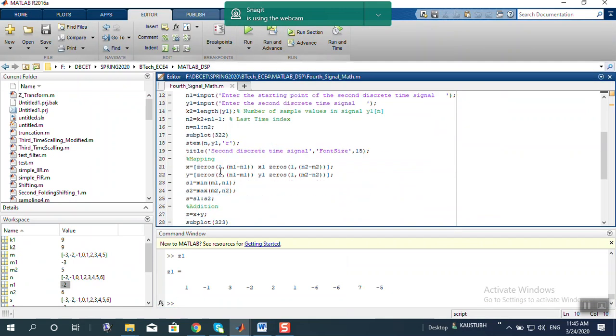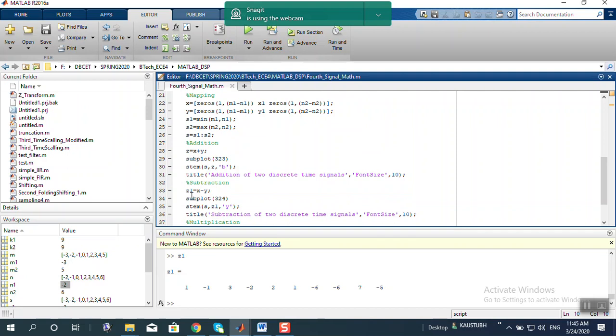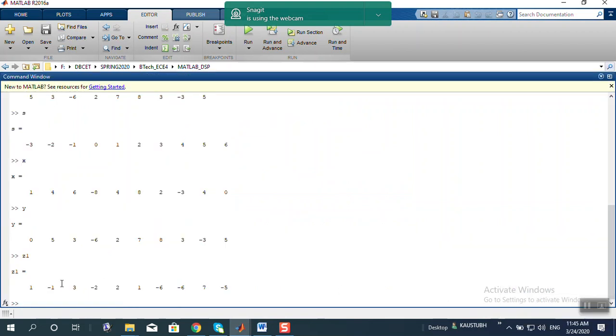Where is the Z1? Oh, sorry, Z1 is subtraction. Z is addition. So this Z1 is subtraction.